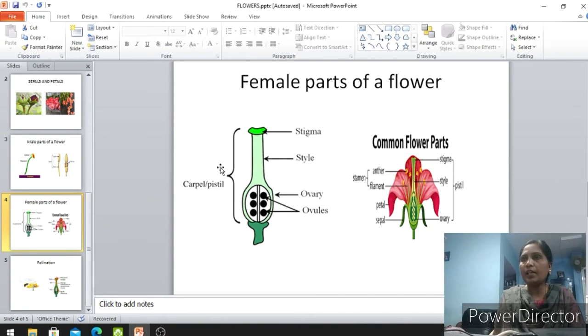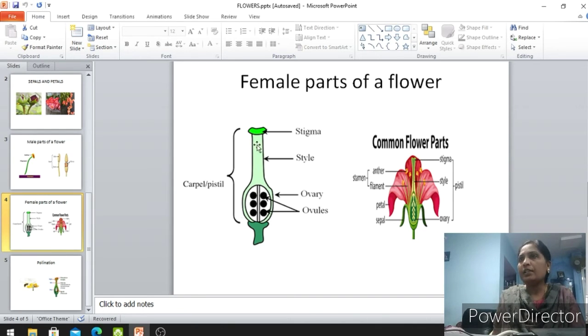Now we are reading about the female part of the flower, that is carpel or the pistil. This long tube-like structure is known as style. The one end of the style has a gummy-like structure which is known as stigma.